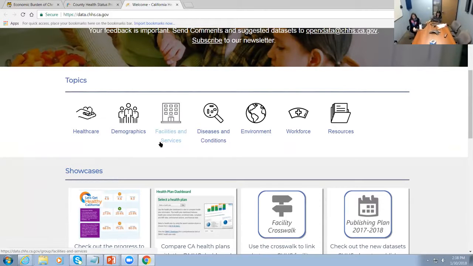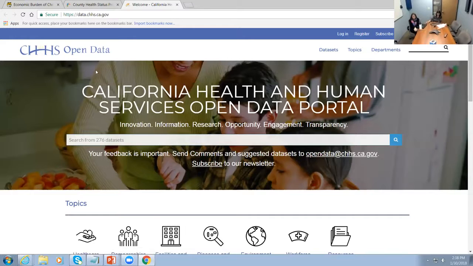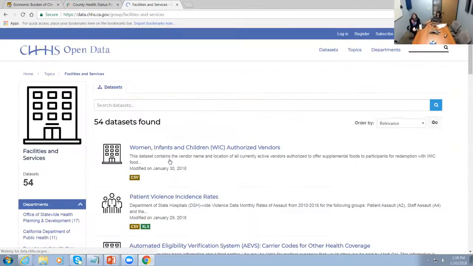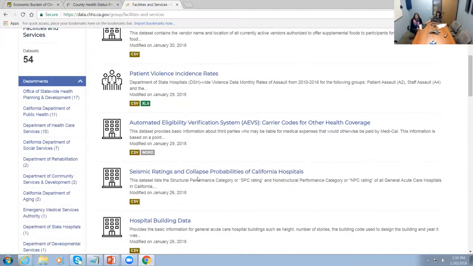Let's go through a quick example of one. Again, looking at the Open Data Portal, facilities and services: 54 data sets found within this category. WIC authorized vendors. I liked this one, the seismic ratings and collapse probabilities of California hospitals. All of these are going to be downloadable in a CSV, Excel, or Word file.